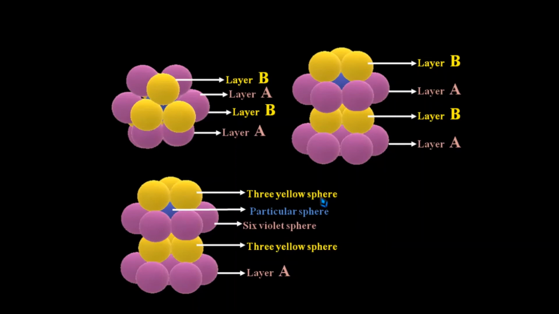Around this blue color sphere, 6 violet color spheres are there, and below it again 3 yellow color spheres are arranged. In this way, this particular blue color atom is surrounded by 12 equidistant spheres or particles. So the coordination number of each sphere in ABAB type of arrangement becomes 12.